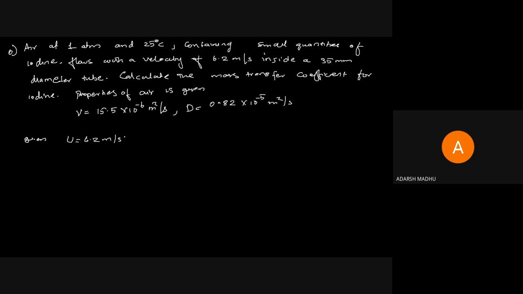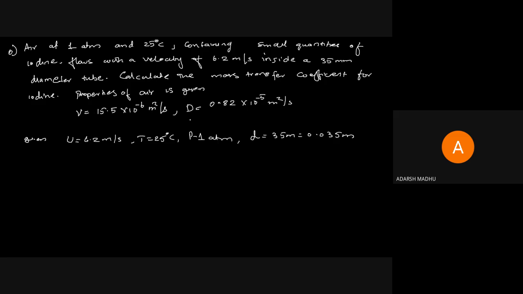Temperature is given as 25 degrees Celsius. Pressure equals 1 atm. Inside diameter equals 35 mm, equal to 0.035 meter. The u value is given and the d value is given.